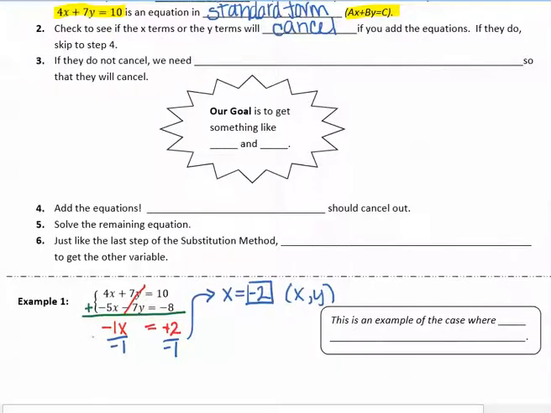So what I want to happen is what happened in example 1. So this little star here, our goal is to get something like, I'll use 7y and negative 7y. We want two terms that are going to cancel.